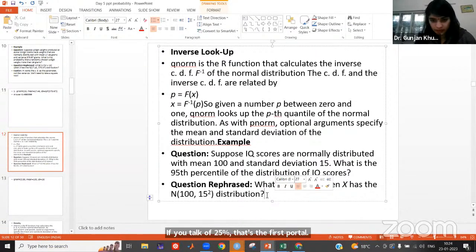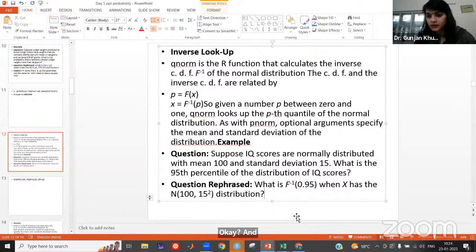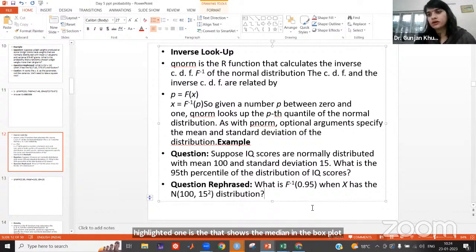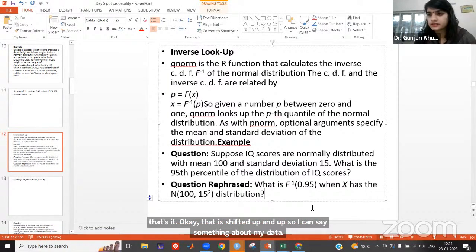If the median line in the box plot is shifted up, the median is towards the higher values.